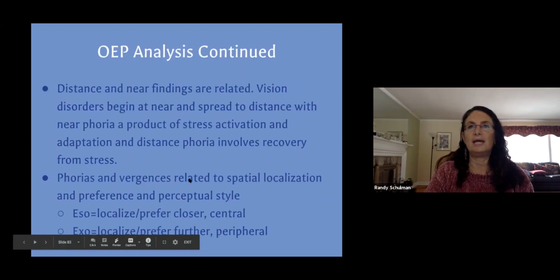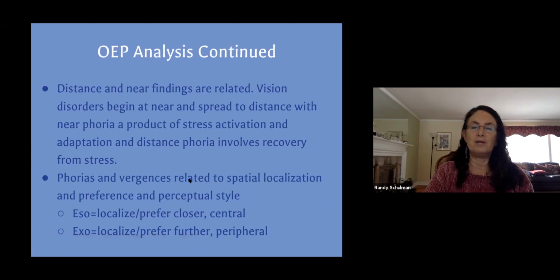So you look at what their distance findings are, what their near findings are, and you're getting a sense, based on their phoria, their ranges and recoveries, of how much space they can handle. For example, I had a patient this week whose ranges and recoveries were 4-1, 4-1, distance base out and base in, and then I think it was 10-4, 12-4, base out, base in at near.